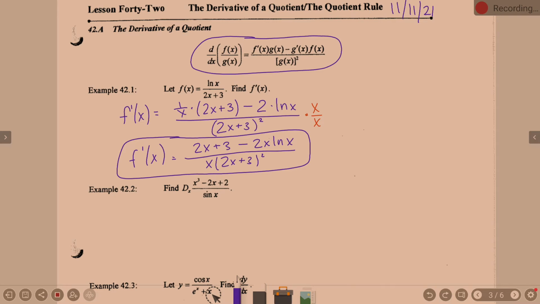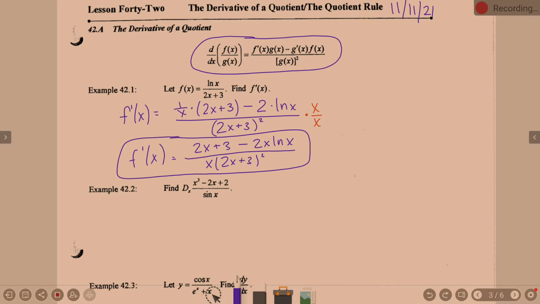Here's what I thought you guys were going to question: this front part of 2x plus 3. But what I will say is these are multiplied, so when you're multiplying that x, it's multiplying by that whole thing. It's not an x times this and an x times this. If you distributed this beforehand, or like Ross, you mentioned 2x plus 3 over x times x over 1, the x's would cancel.